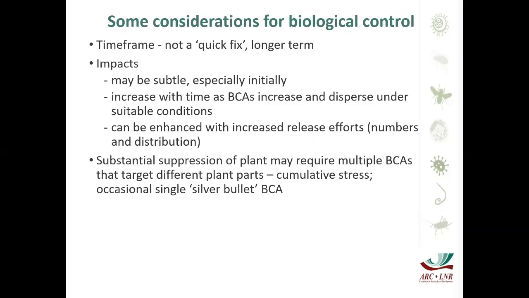Substantial suppression of the plant may need not just one silver bullet, as we refer to it, that is not that common, and because the plants have a suite of natural enemies, usually it requires a number of biocontrol agents to be introduced and provide cumulative stress to the plant.